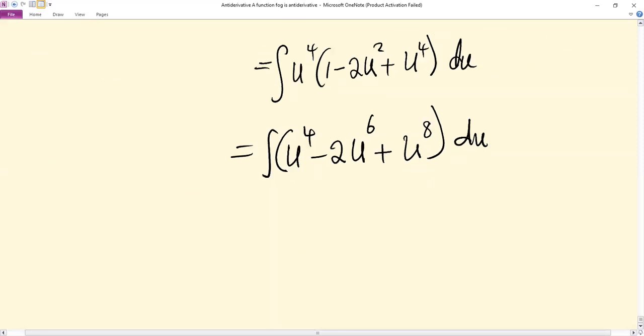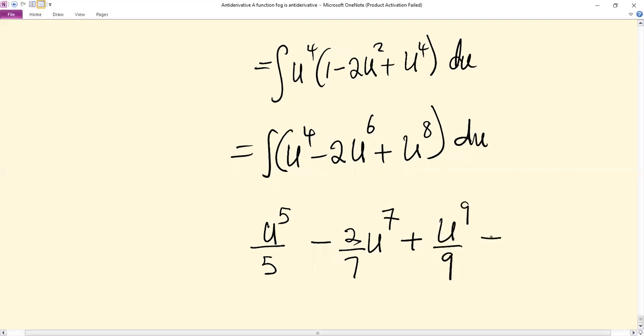And on using power rule, we get u power 5 over 5 minus 2 over 7 u power 7 plus u power 9 over 9 and then plus c.